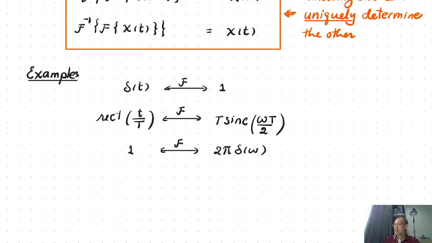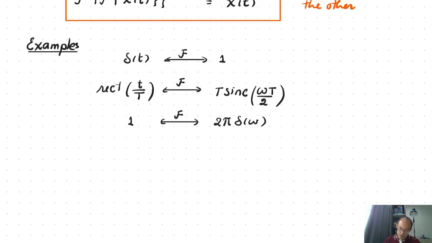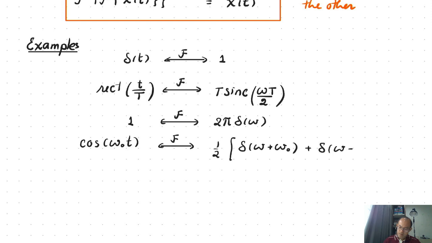Also, the cosine signal of frequency omega 0 has the Fourier transform pair of 1/2 times delta at minus omega 0 plus delta at omega 0.